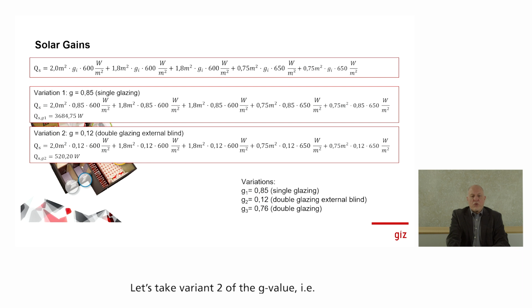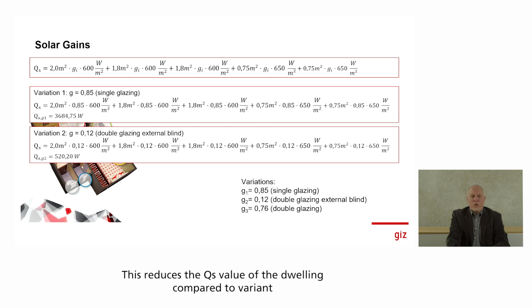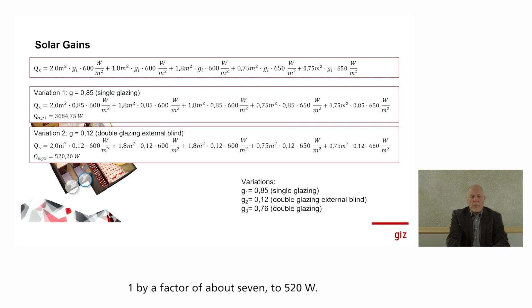Let's take variant 2 of the g value, which means the double glazed window with external shading. This reduces the QS value of the dwelling compared to variant 1 by a factor of about 7 to 520 watts.